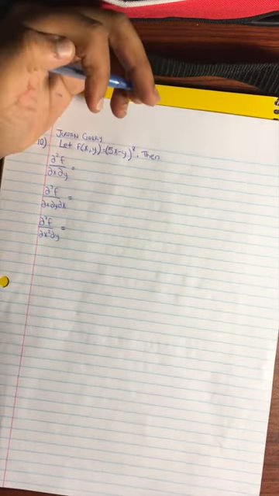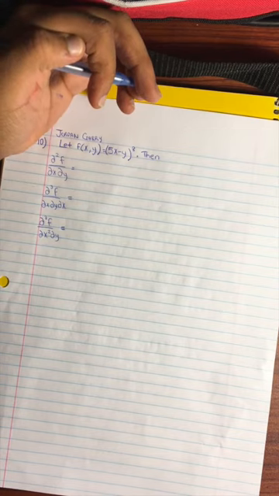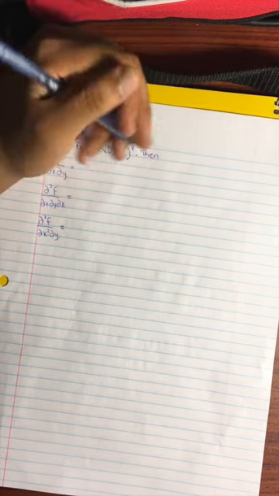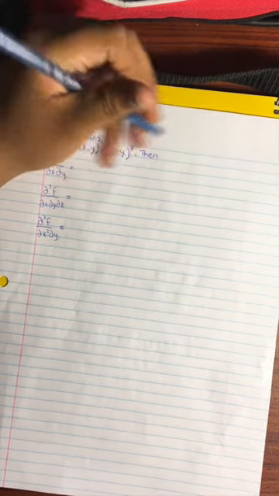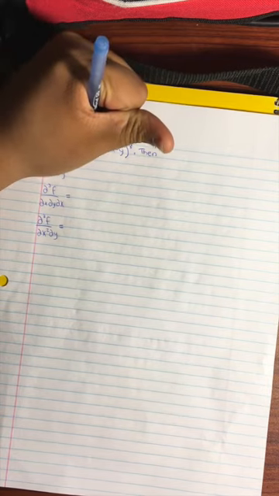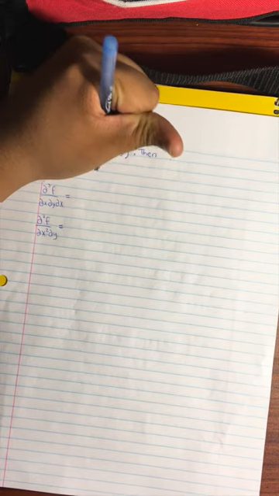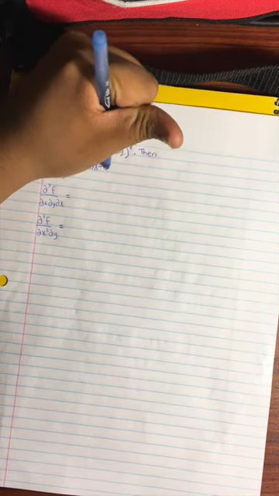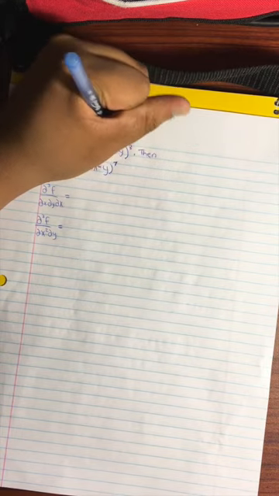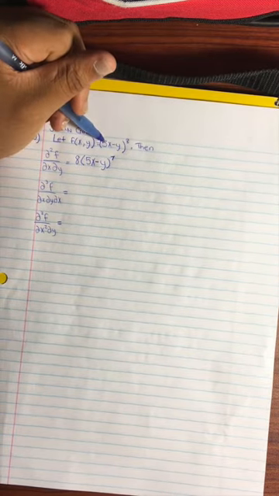So when we take the partial derivative of that with respect to x, we get 8 times (5x minus y) to the seventh times the derivative of x.